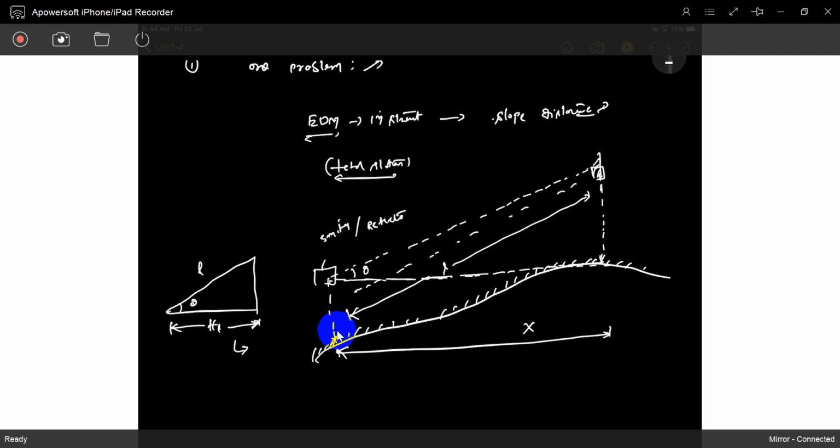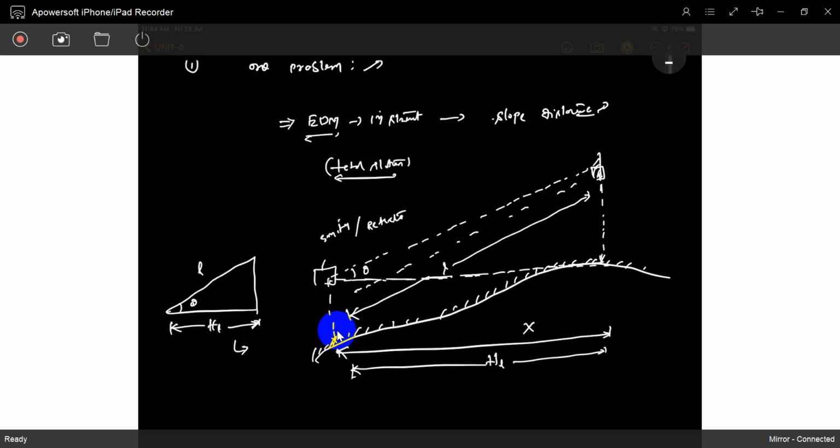Later you will get the vertical angle with respect to the total station, and with respect to that and the EDM, you will get the horizontal distance. Okay, that is the one problem you have to understand.